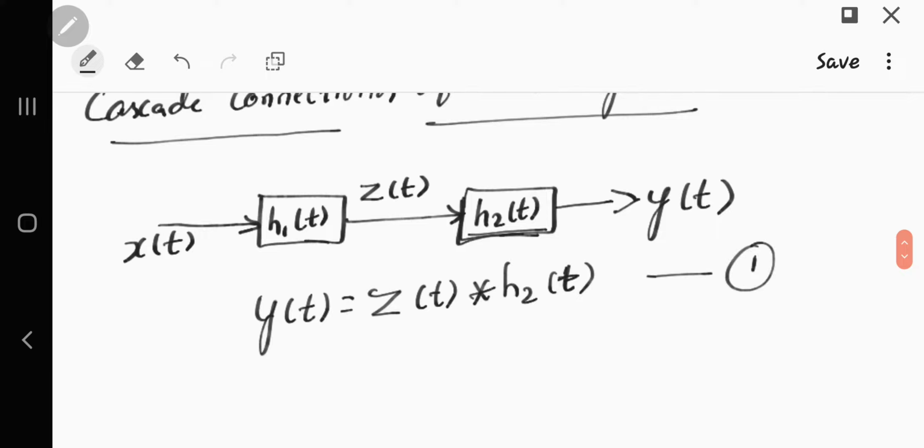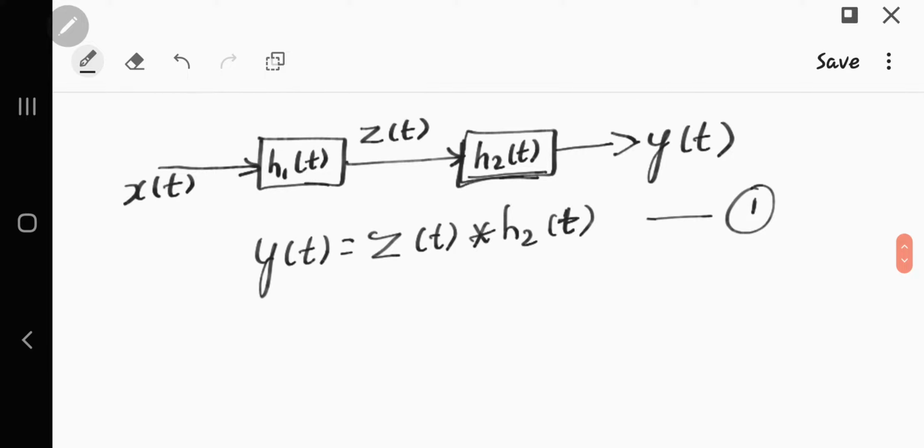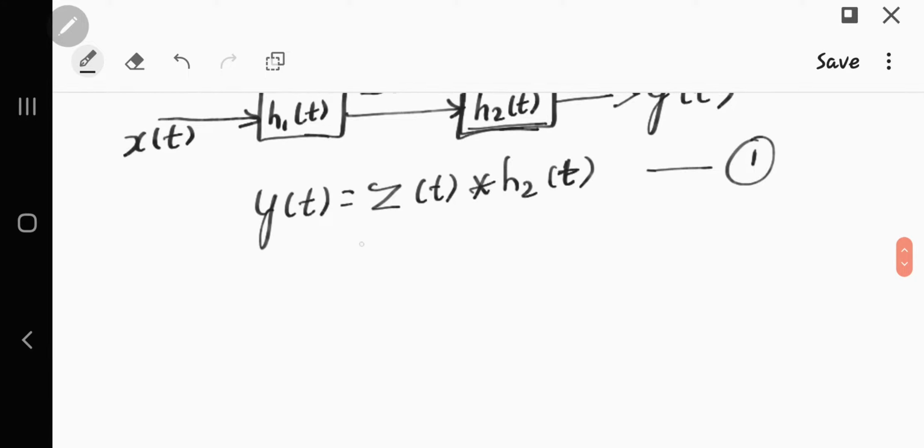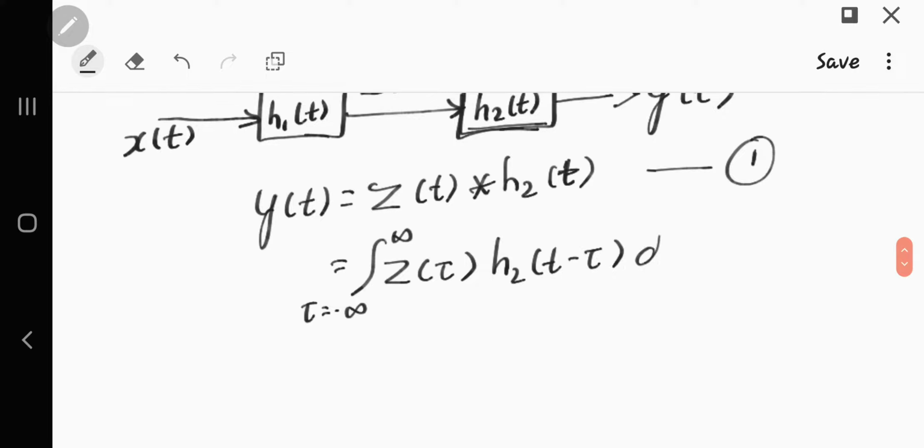I will write the equivalent system connection in the end after deriving it. Now, based on this, we can write the integral over tau from minus infinity to plus infinity of z of tau h2 of t minus tau d tau.